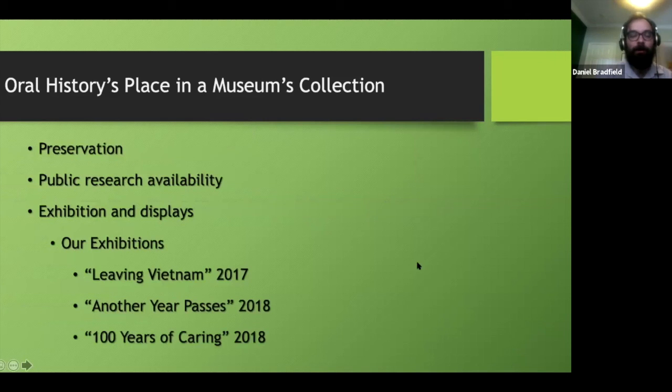Obviously, oral history has a multitude of places in a museum's collection. I'm going to go through some examples and highlight some key functions that a museum can have with oral histories. Obviously preservation: there is staff focused on the preservation of physical materials, paper and other artifacts, so museums are primed for the preservation of physical objects.